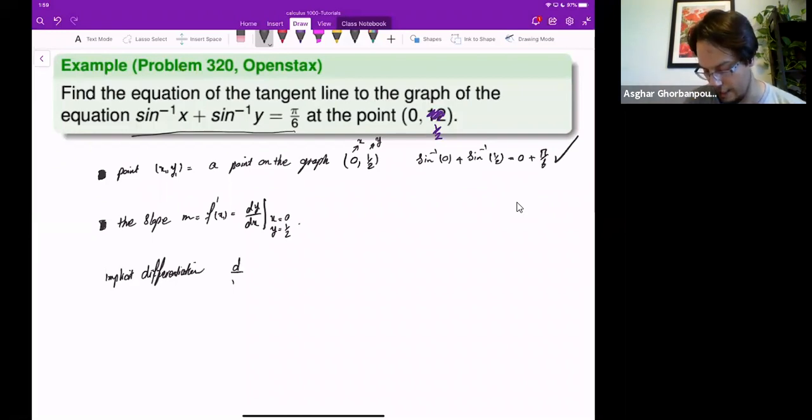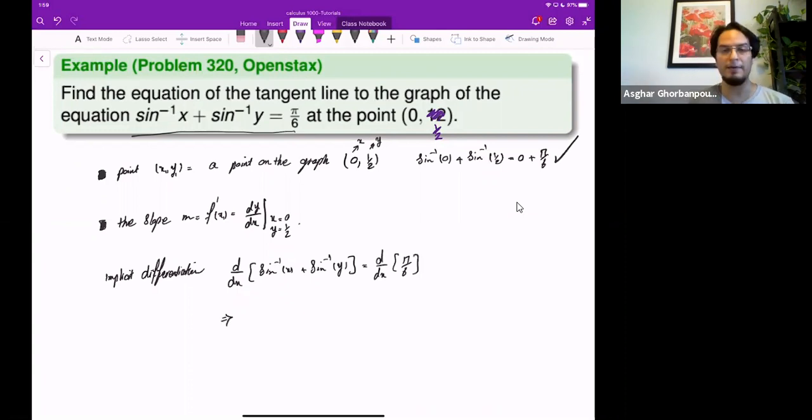So d/dx of sine inverse x plus sine inverse y, and d/dx of pi over 6. Using the sum rule and the derivative of sine inverse, you get 1 over root 1 minus x squared for the first one.